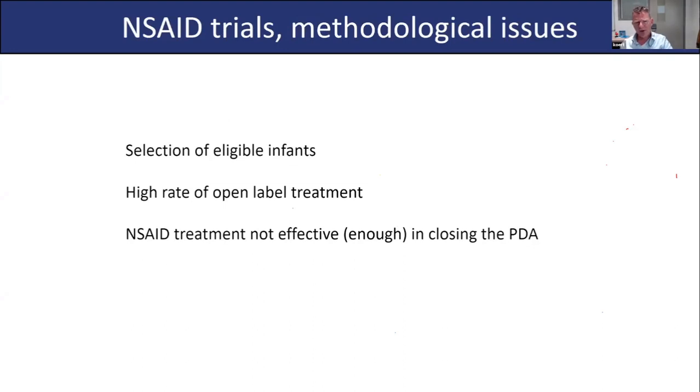We do know that many PDA trials have methodological issues in their design. It's about the selection of eligible infants. There's a high rate of open label treatment in both arms. And I think we also came to realize that NSAID treatment is not effective enough in closing the PDA.